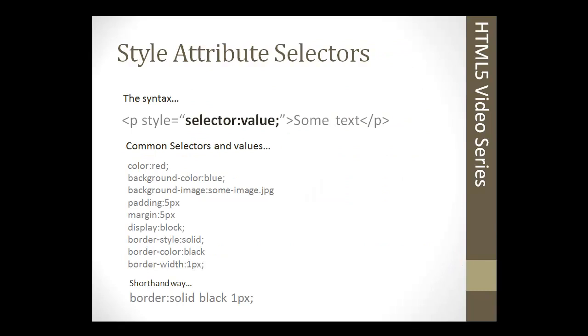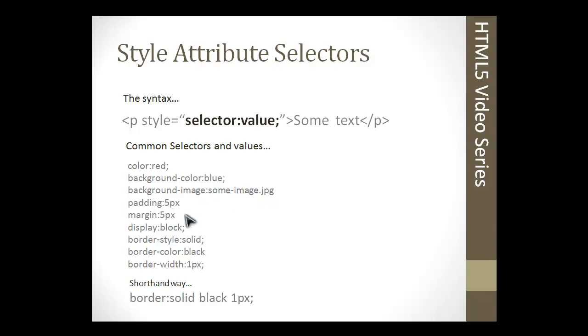So here are some common style attribute selectors. As I showed you in the last slide, we can have the color selector of red, which would make the text red. Background color, make it blue. Background image, we could actually have an image as the background, and you would just put the location of the image, either absolute or relative.